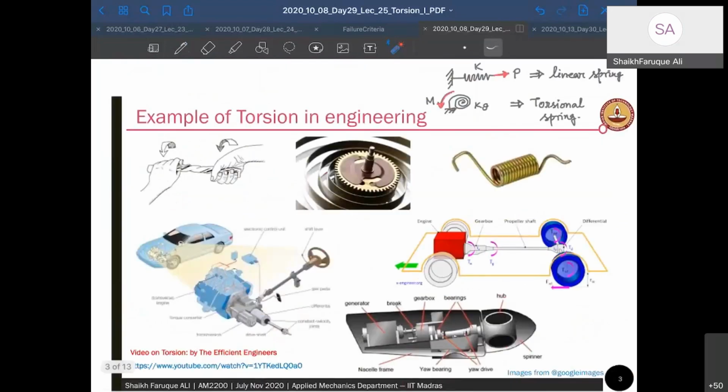A few examples of torsion. Torsion is hugely used in the industry because it transfers power from one side to another side, right? So from one part of a mechanical system, it transfers power to another part of the mechanical system. So it is used heavily in cars, right, where you have a steering column and you have this steering. So when you rotate the steering, things change internally using gears, right?